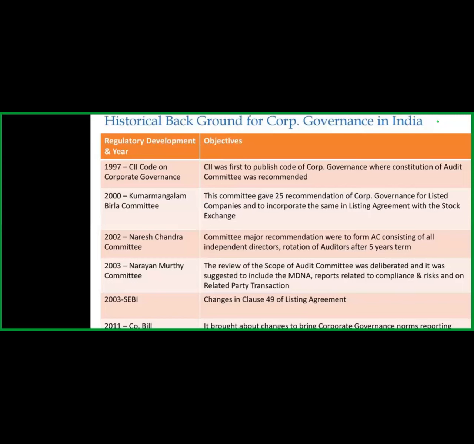Because when the time is changing, when the technology is changing, when the business policies and practices are changing, the laws also should change as per the changes in business practices and technology.